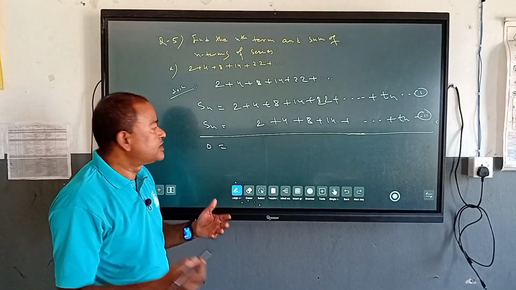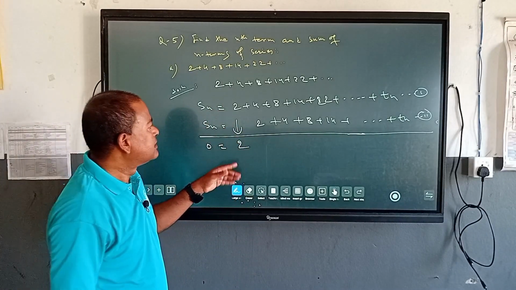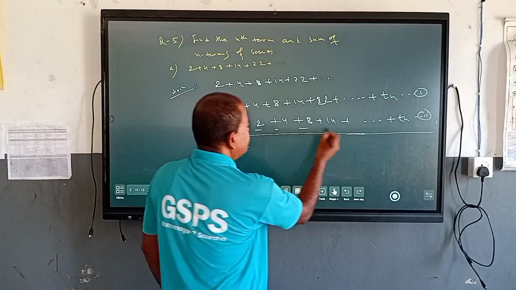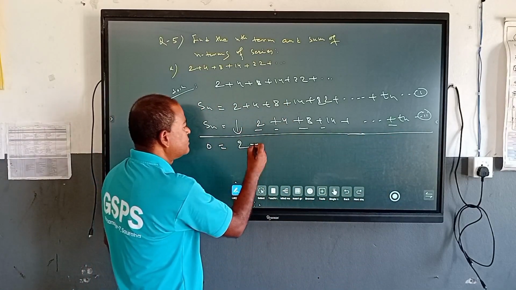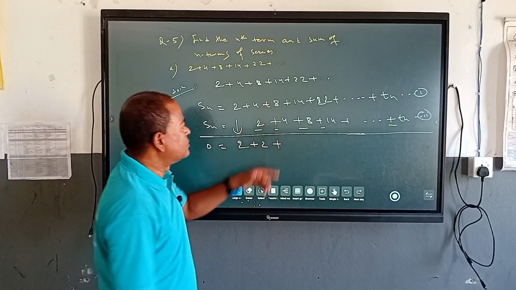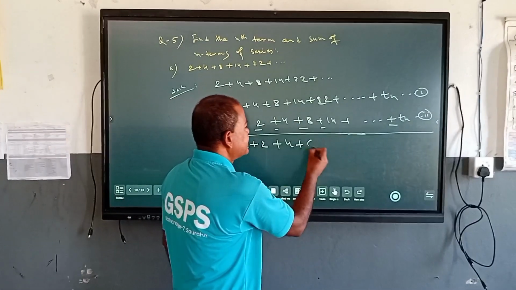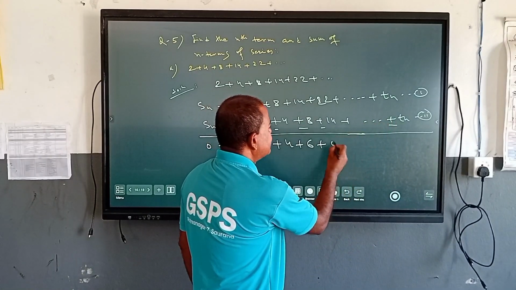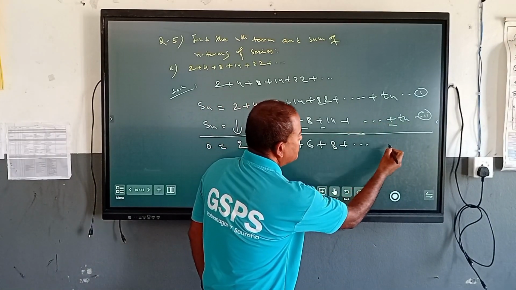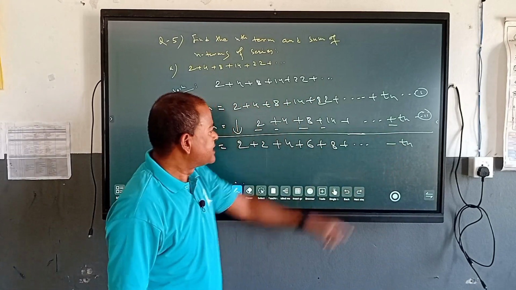Sn minus Sn means 0. 2 we keep as it is. Now we take the differences: 4 minus 2 we get 2, 8 minus 4 we get 4, 14 minus 8 we get 6, 22 minus 14 we get 8, and so on, minus Tn. This minus Tn we keep as it is.